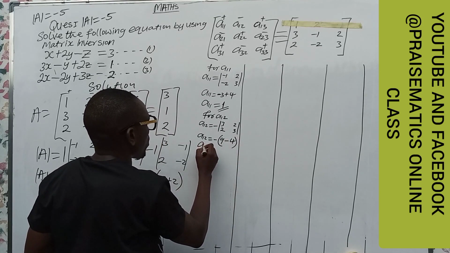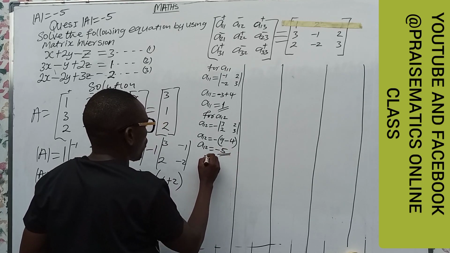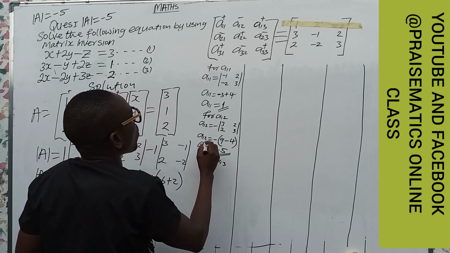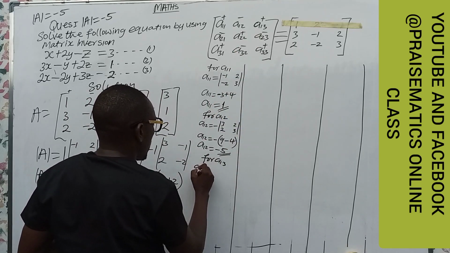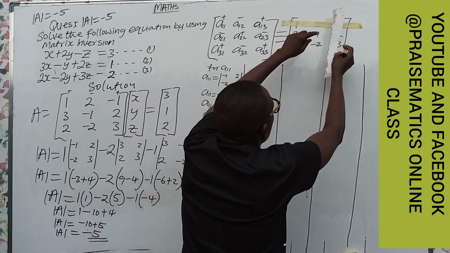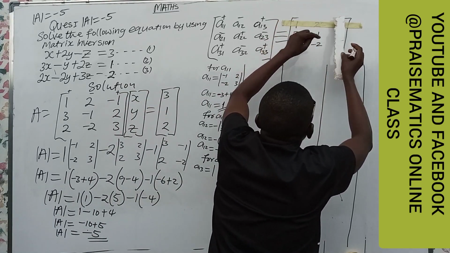Close it. Our A12 is minus 5. So for A13, our A13 has plus. Do this. Close this one. We have 3, minus 1, 2, minus 2.